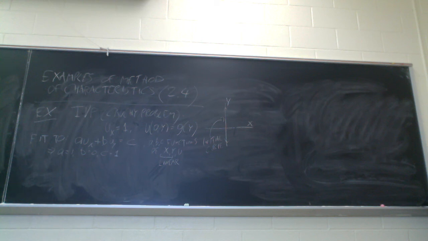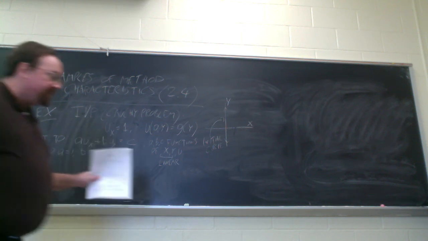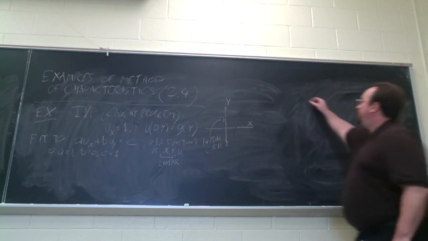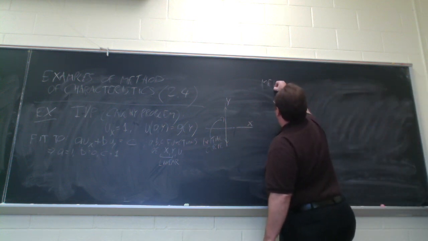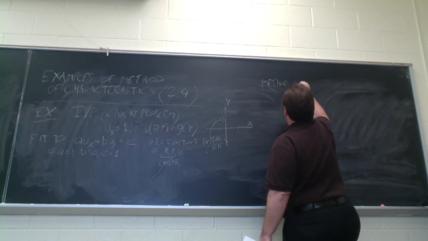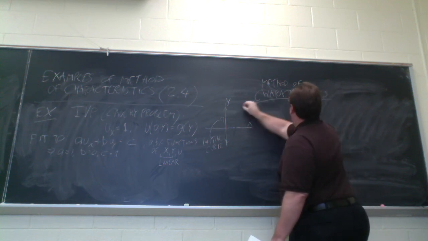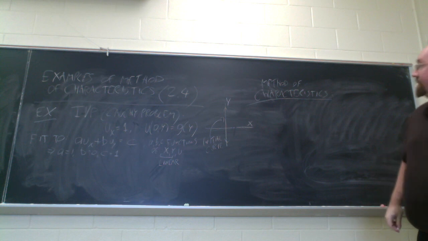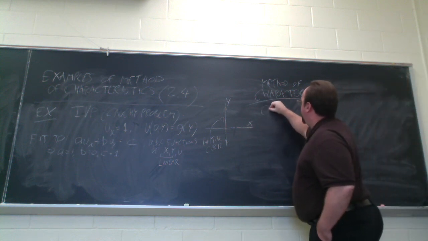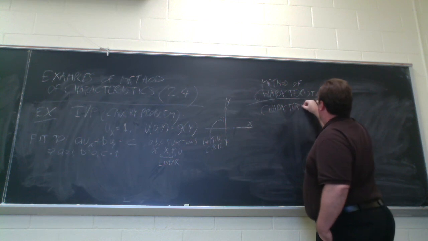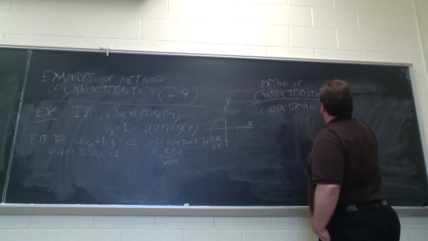All right. Now that you have your values of A, B, and C, the first thing you do for the method of characteristics is define your characteristic equations.